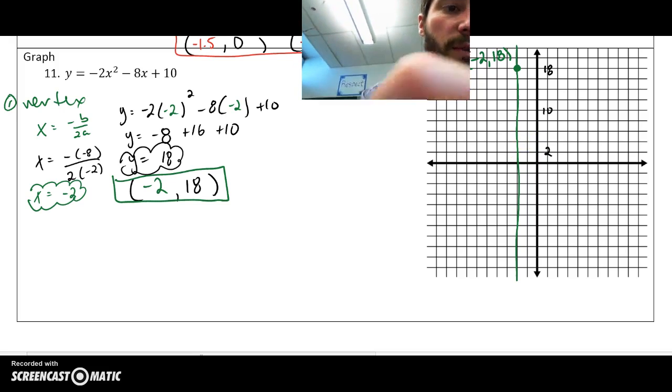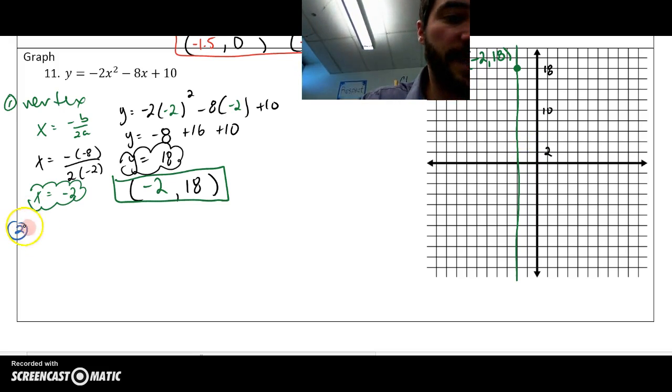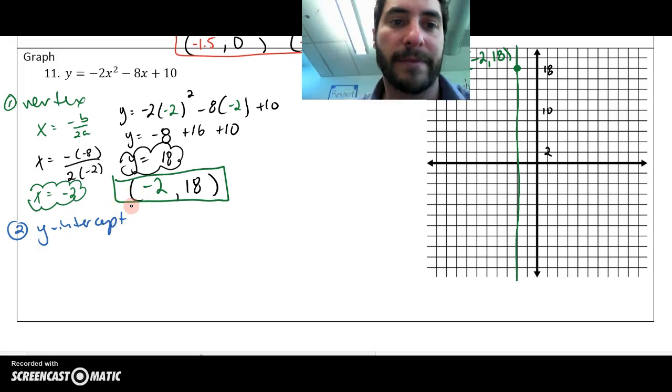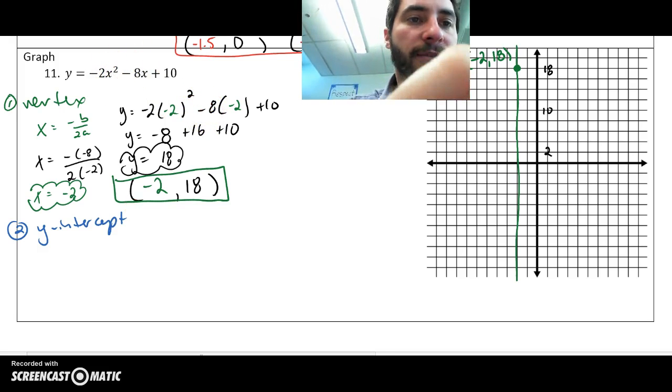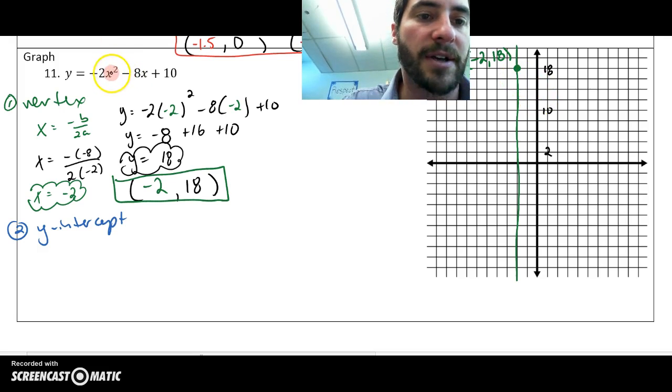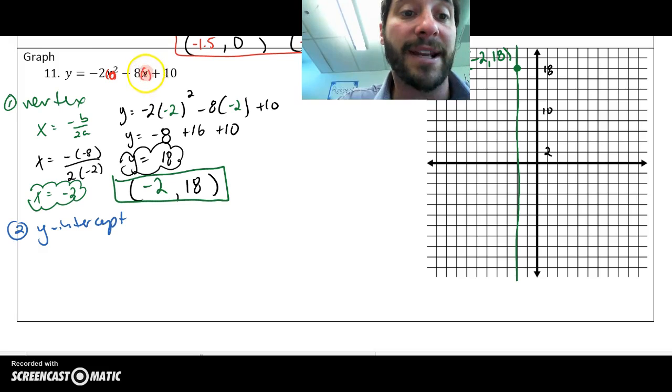Alright, so the y-intercept, nice and easy, my favorite one. Because it is muy fácil, ¿sí? If we plug in zeros, we know that the y-intercept is going to happen when x is 0. So if I plug in a 0 here, this term is 0. If I plug in a 0 here, this term is 0. And we just have 0 minus 0 plus 10.